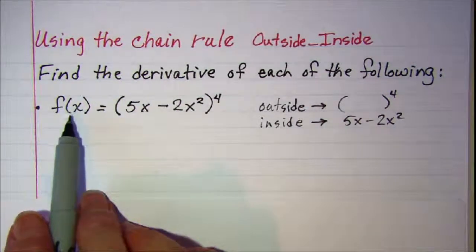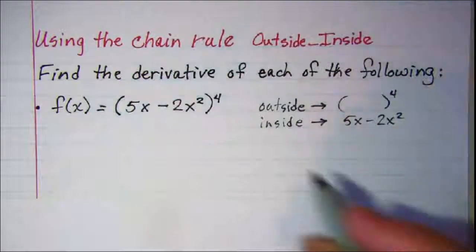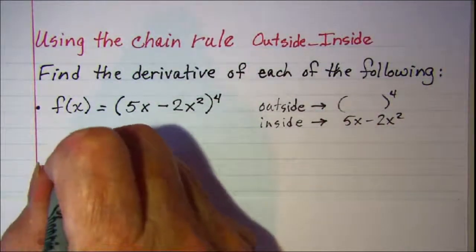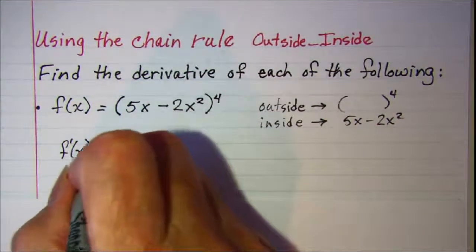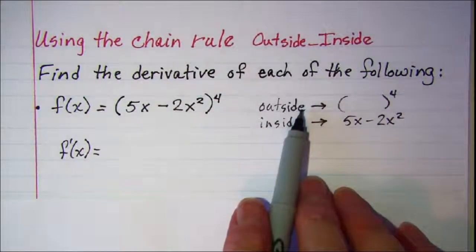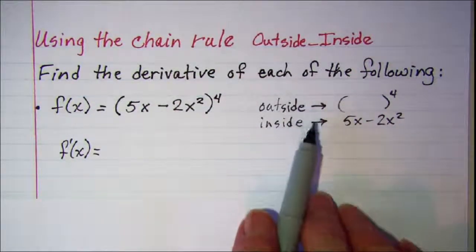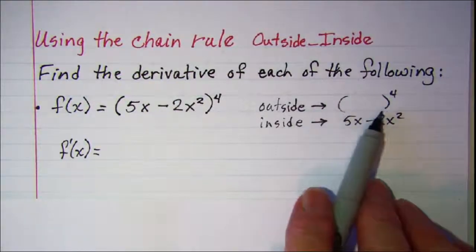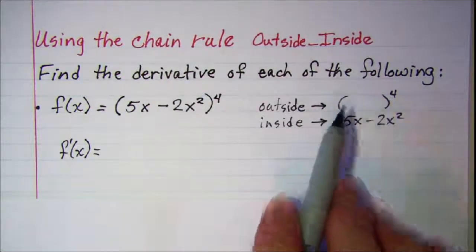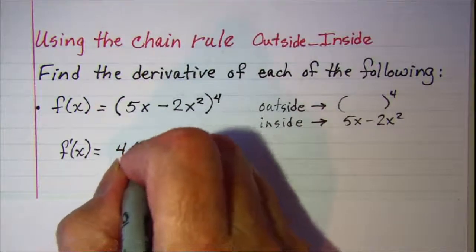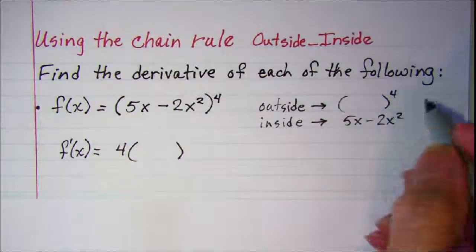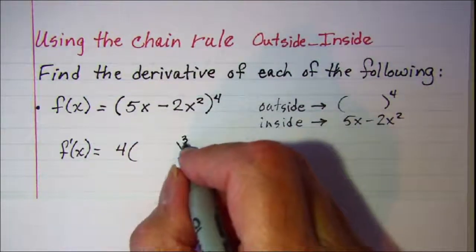So to find the derivative of this function, we want the derivative of the outside multiplied by the derivative of the inside. So the derivative of the outside will be 4 times that quantity in parentheses and then raised to the third power.